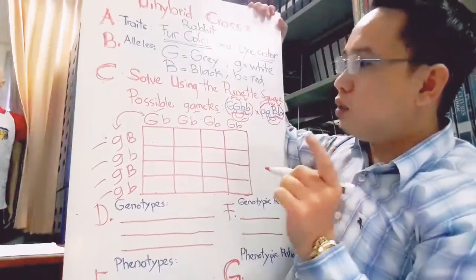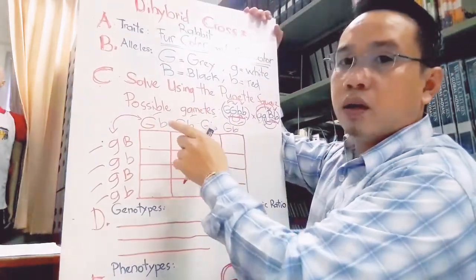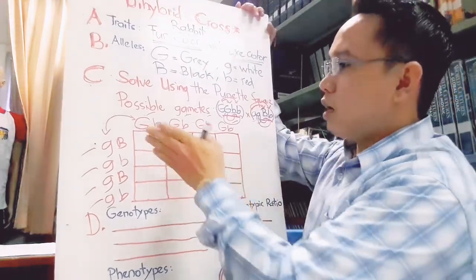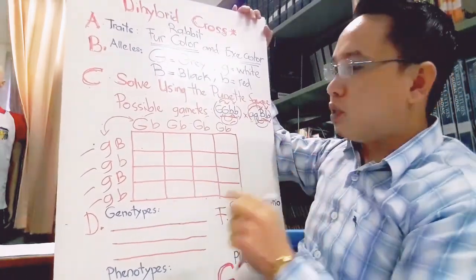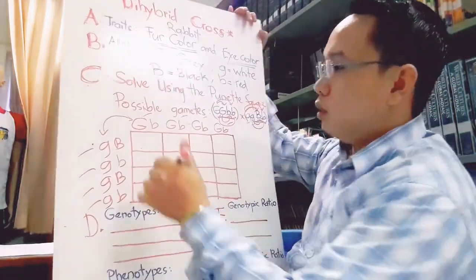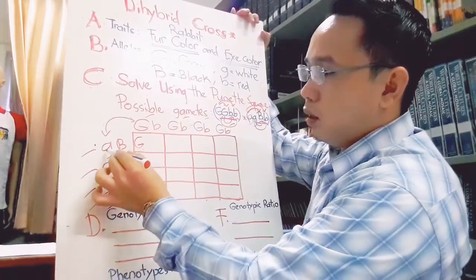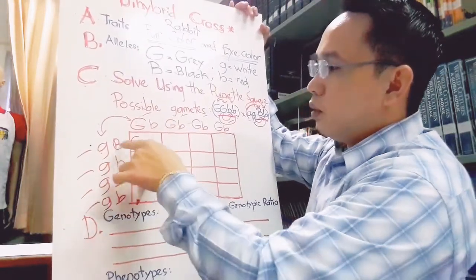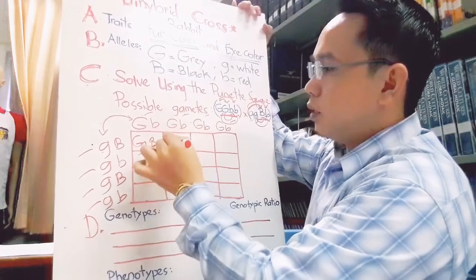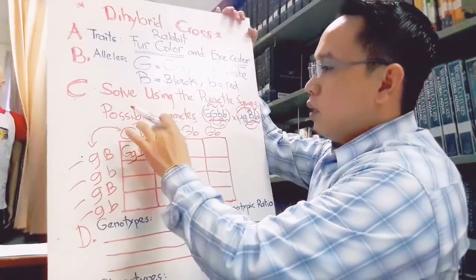Now, what are we going to do next? We will do the pairing with the same trait. Right after we form them under the process of segregation, first you have to write this down, and this one. Write this one, and this one.